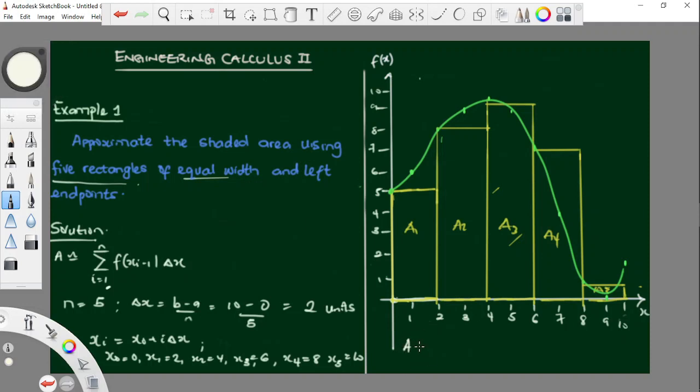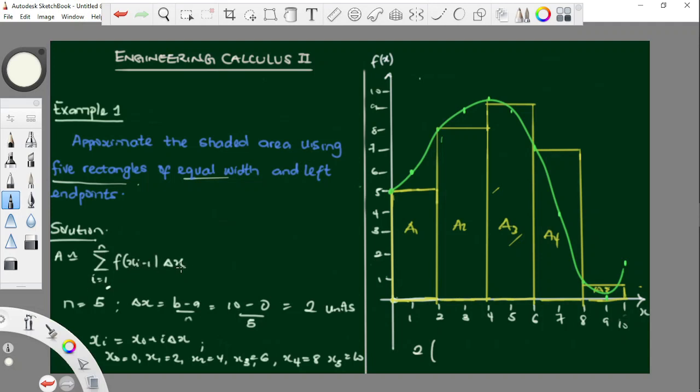The final area is approximately equal to area 1 plus area 2 plus area 3 plus area 4 plus area 5, or basically what this function is saying. So the summation of all of that. So how do we get that answer? Well, our delta x is common to everything, so we can bring it out. The delta x is 2, so having 2, then into brackets, the f of each of these, f of x_{i-1}, starting from 1.